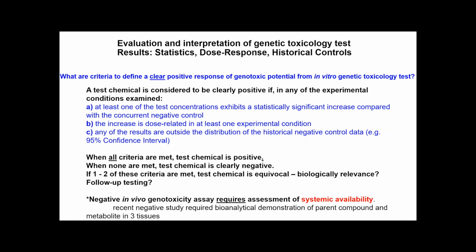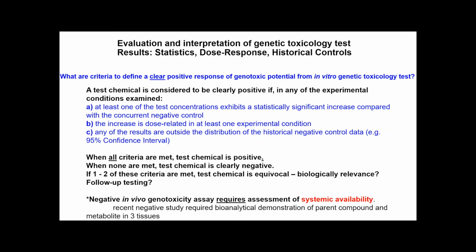When you go in vivo, however, those same criteria are needed. When it's positive, no one cares, but if it's negative in vivo, you've got to go in there and show tissue exposure. One of the tests we've done recently for a client, Mike Stryker ran it, was negative in the 3 tissues we looked at.